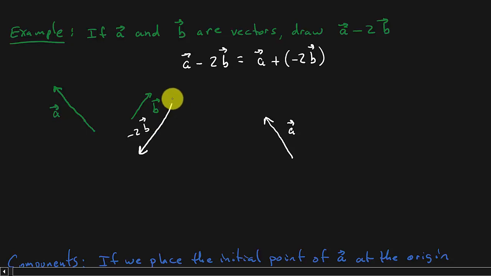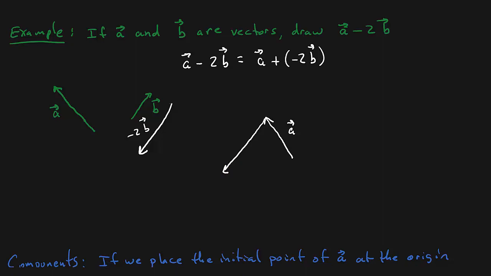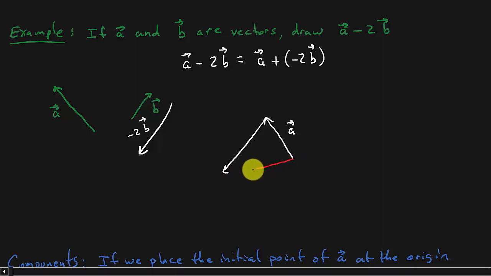Well, we can take the initial point of this one and put it at the terminal point here. And that's going to look something like that. And so my solution would be the initial point of A to the terminal point of -2 times vector B. And this is our solution here.